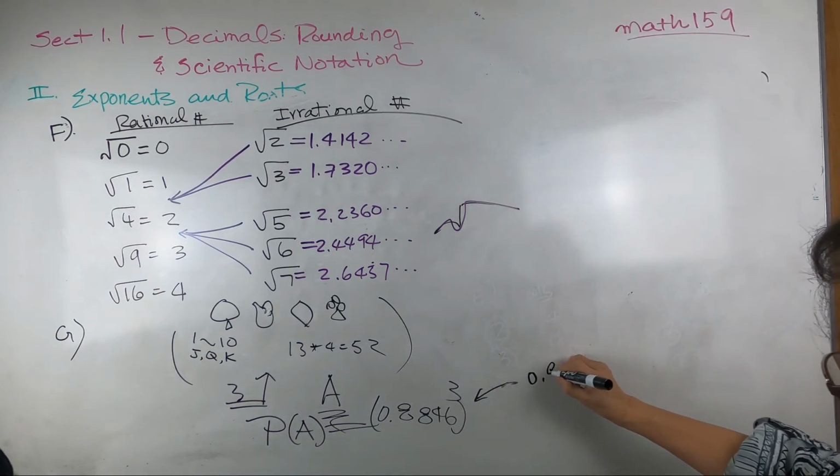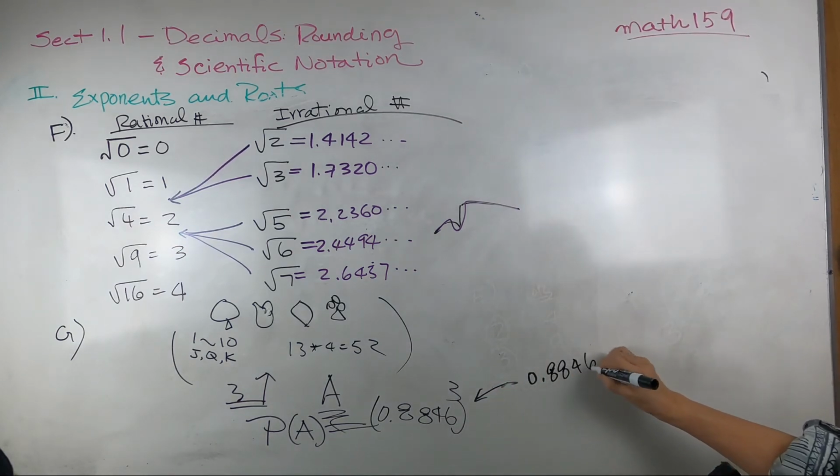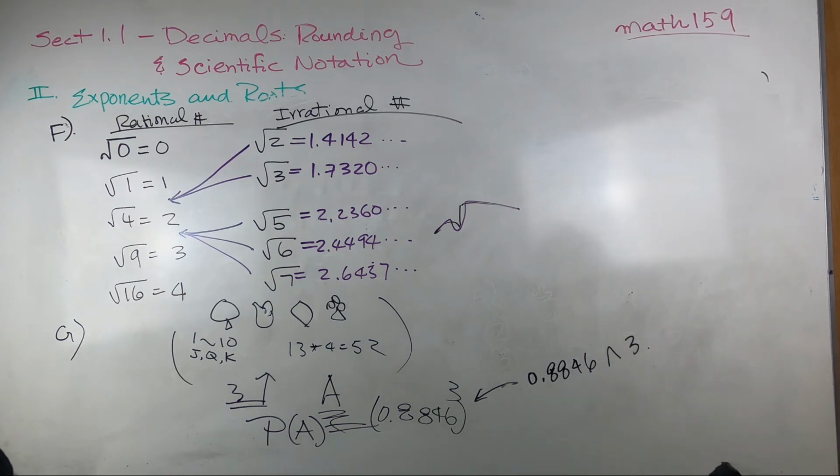So you do 0.8846 to the power of 3, right? Then you find out it will give you a bunch of decimals, more than you can handle, right? You multiply it by itself 3 times. But it says we're just concerned about 2 decimal places, right?